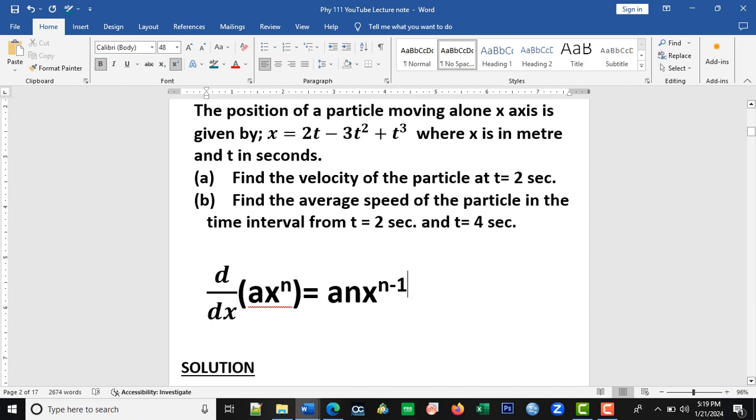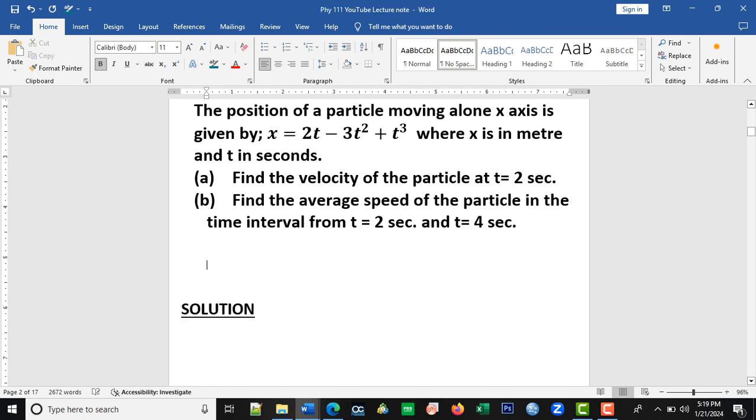Another thing I would also like us to consider is that if we find the first derivative of a particle, the first derivative of that particle gives us the velocity of the particle.